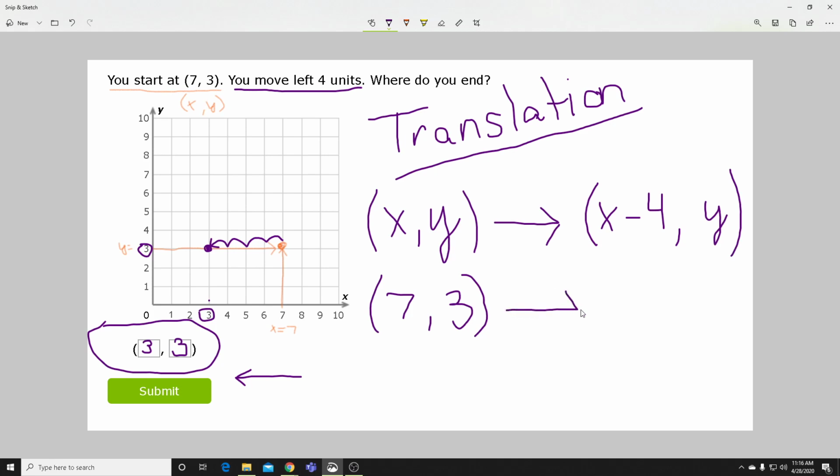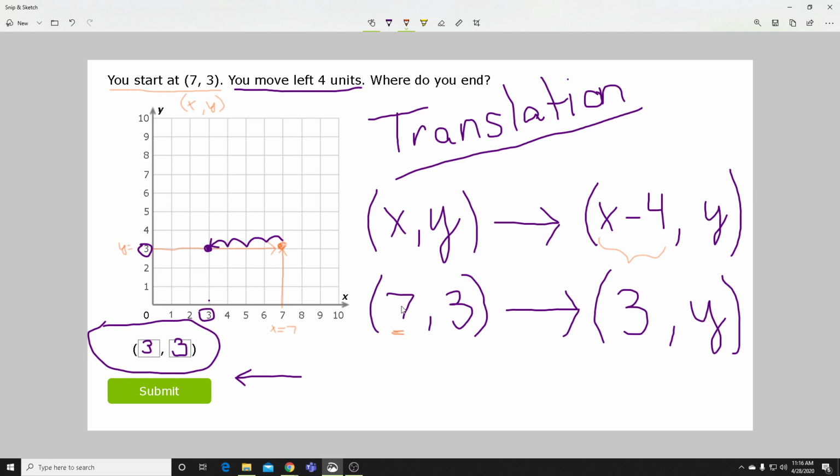So what we're doing to our original coordinate, 7, 3, is we're subtracting 4 from the x. So we'll put 7 minus 4, and that'll give us 3. And then we're keeping the same y. So x minus 4, well, we said x was 7, right?